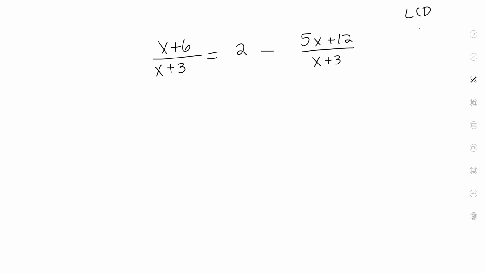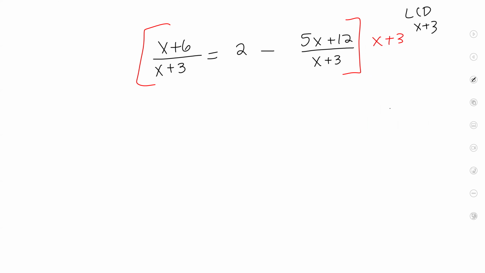Okay, here's another example. X plus 6 over x plus 3 equals 2 minus 5x plus 12 over x plus 3. What's the denominator all of these need? X plus 3. So guys, that's what I'm going to multiply by. All of these need to be multiplied by x plus 3.